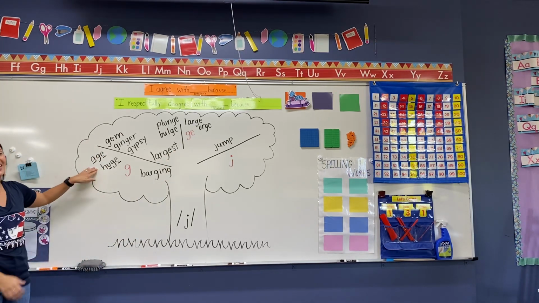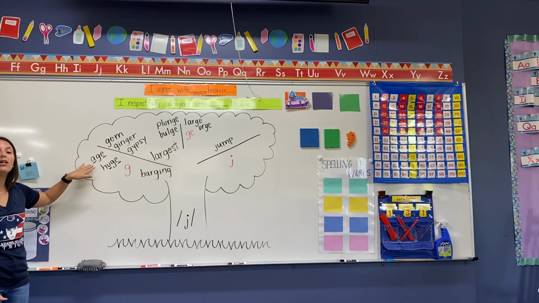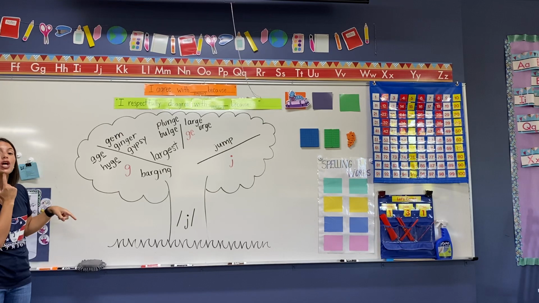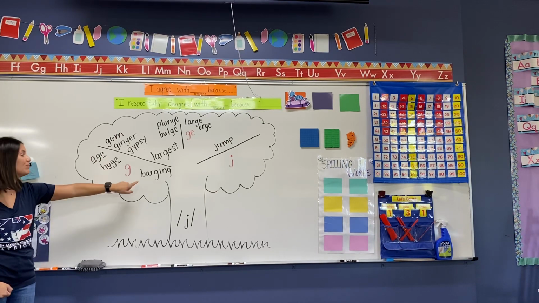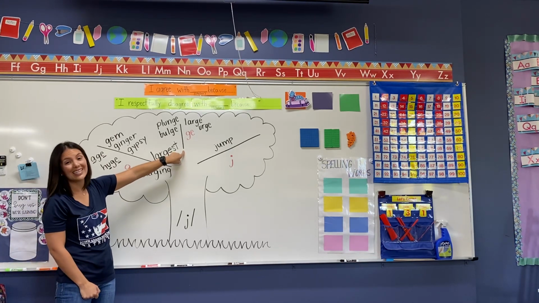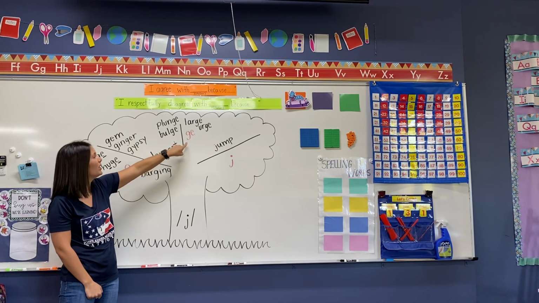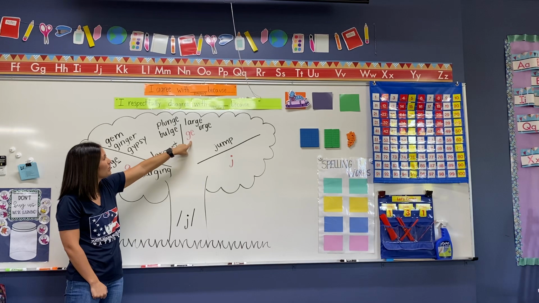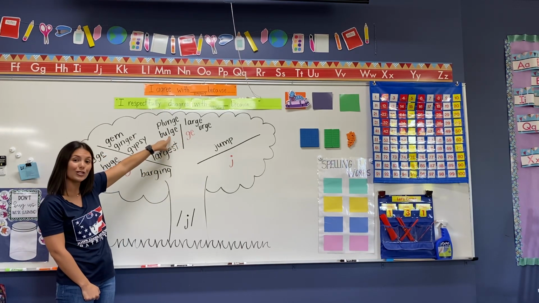The other way is when there's a separate vowel digraph. So you see huge, the G, the j sound is being separated by a vowel digraph. So you're going to spell it with the G. And last but not least, it's the least that we use, of course, because it's the smallest branch. We use it when there's a consonant cluster.